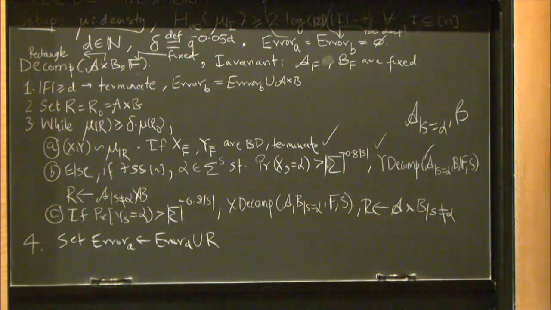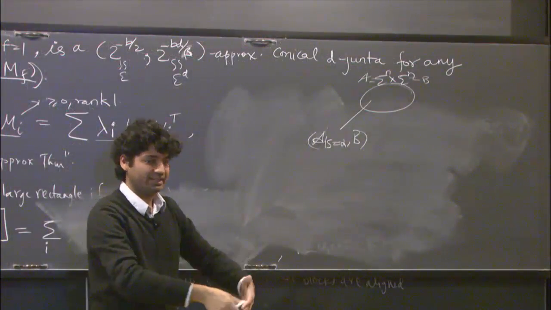So you start from this full rectangle. Now let's say you found that some assignment to some blocks in the x part was too likely. So this is, let's say, A and this is B. You fix A over S to some alpha, B, and now you continue sideways on the remaining rectangle.